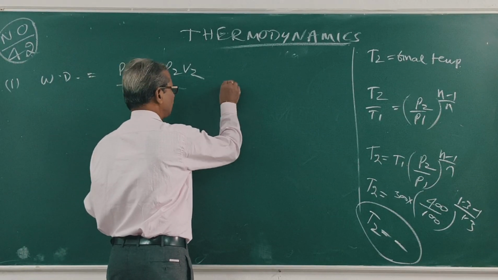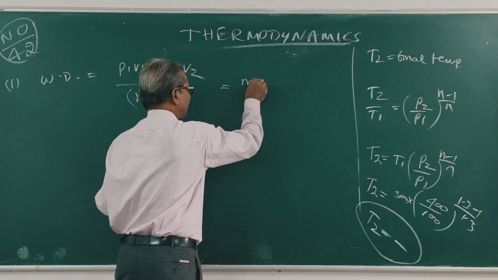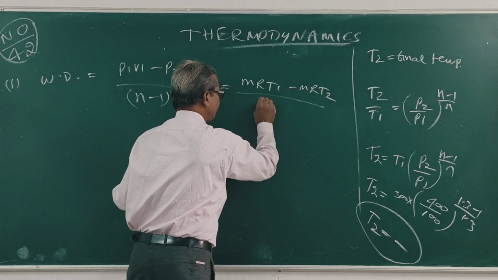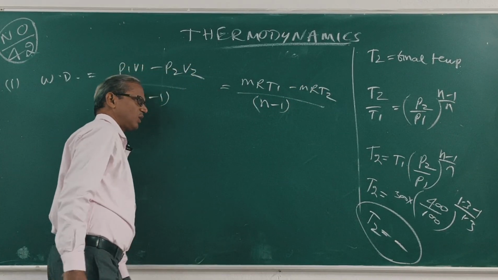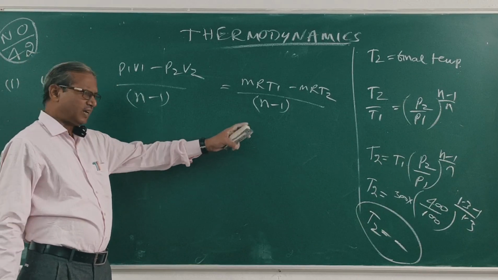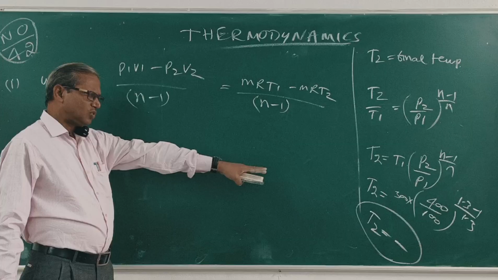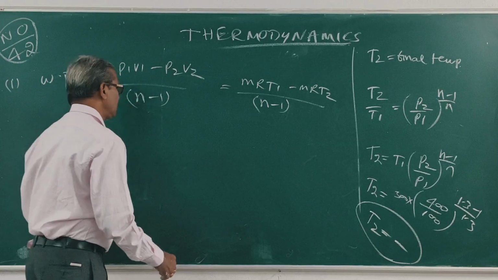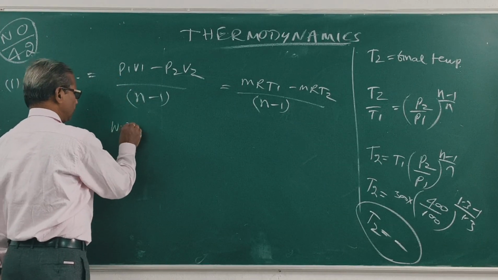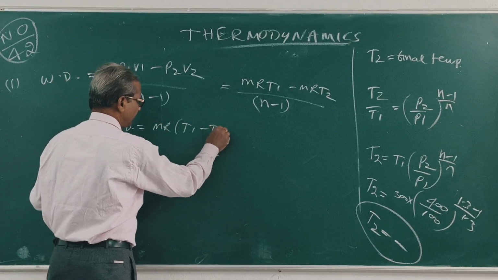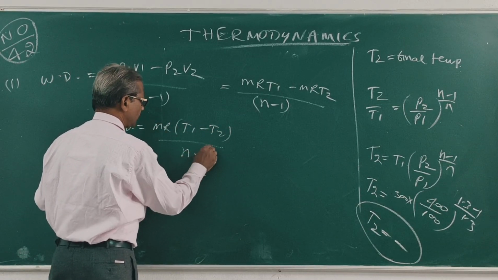That is, work done is equal to mRT1 minus mRT2 by n minus 1. What is m? 10 kg. n is 1.3. R is 0.287. T1 and T2 are given. So work done is equal to mR into T1 minus T2 by n minus 1. This is kilojoule.